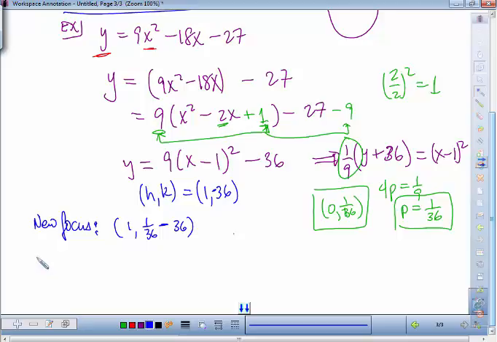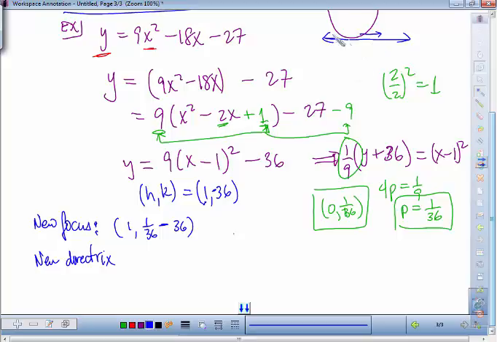Now the directrix is supposed to be y equals -1/36, right? But then there's a shift. Do we need to take the 1 into consideration? The 1 is the horizontal shift, right? It moved the parabola 1 unit to the right.